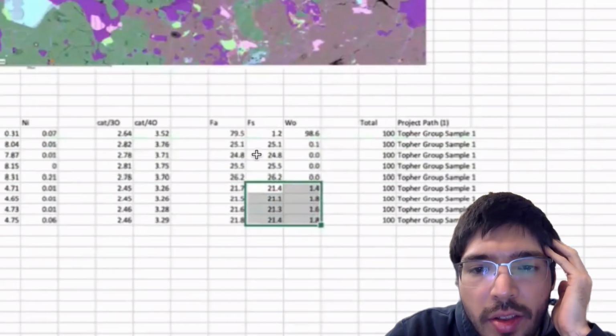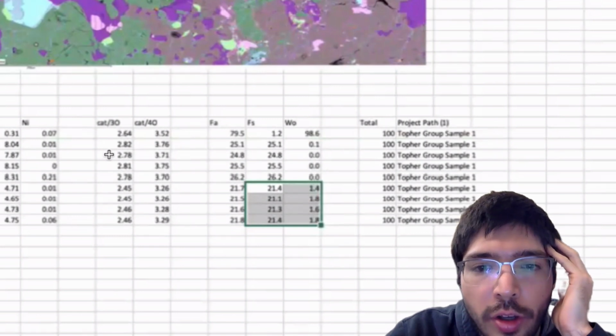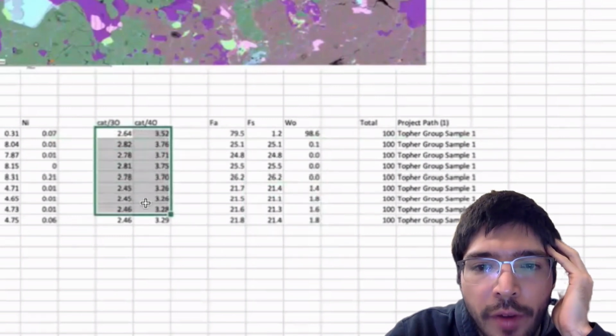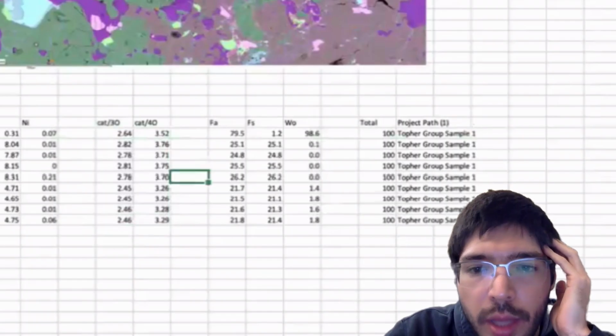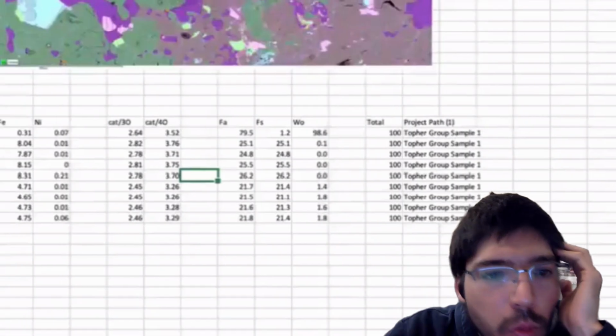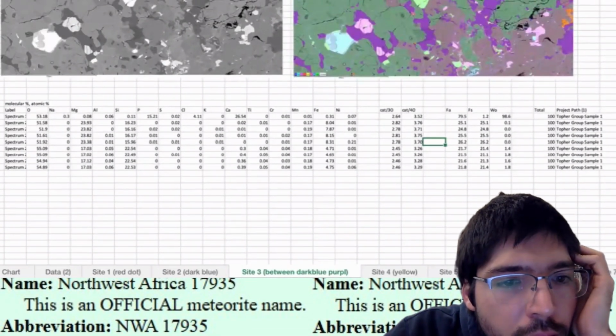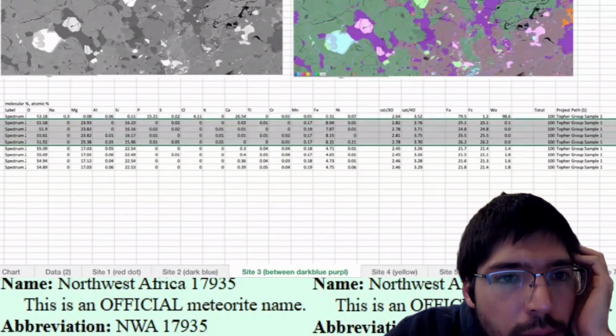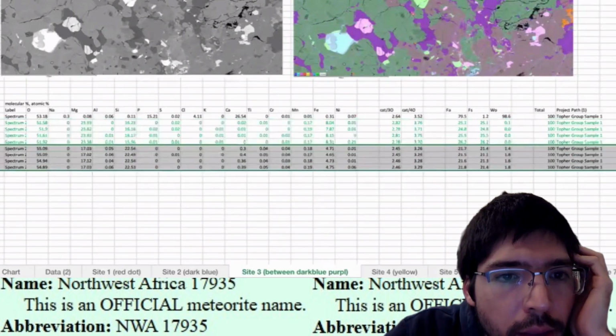So we can still assign fayalite and ferrosilite values to olivine and the pyroxene. They just won't have very good stoichiometric totals. So what I will do now is I could still look at what would be a typical olivine, and that would be something like this. And the pyroxenes would be something like this, even though the data here is a little bit different.